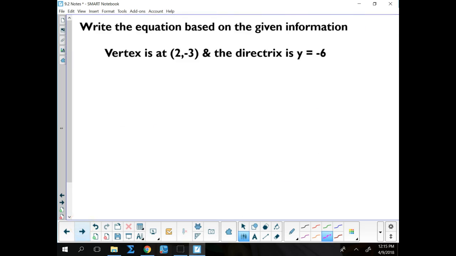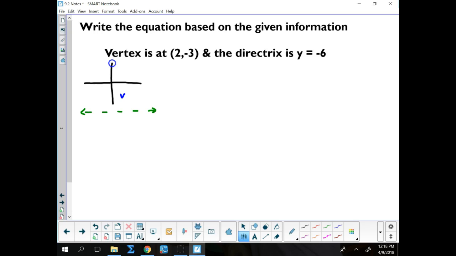What I'd like you to do now is try this problem. Based off of the information given, my vertex is in blue here. My directrix is a dashed line below it.